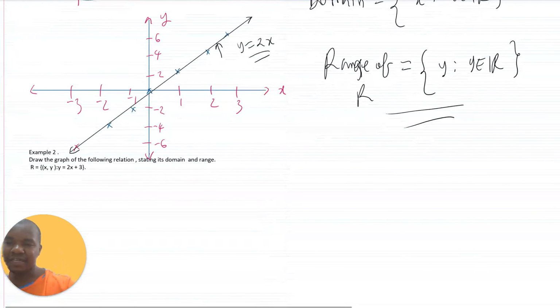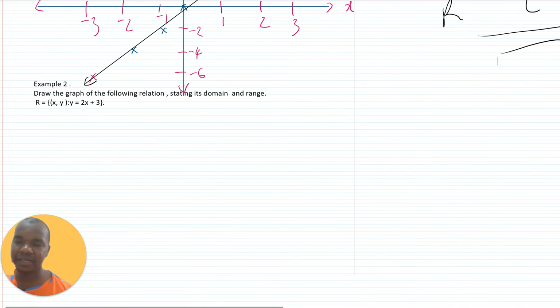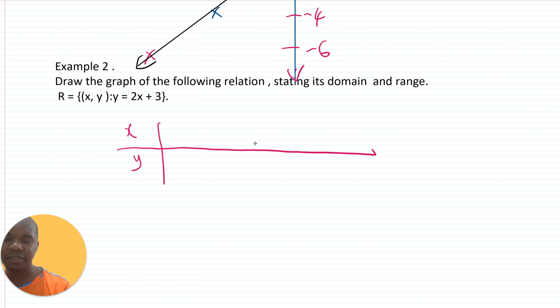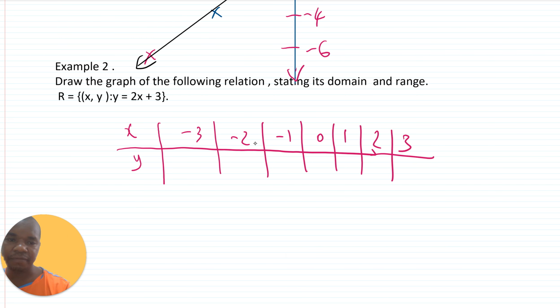Going to the second example, draw the graph of the following relation stating its domain and range. You have y equals 2x plus 3. You're going to do the same. You're going to introduce a table of values where you have x and y. I'll be starting with -3, -2, -1, 0, 1, 2, 3.